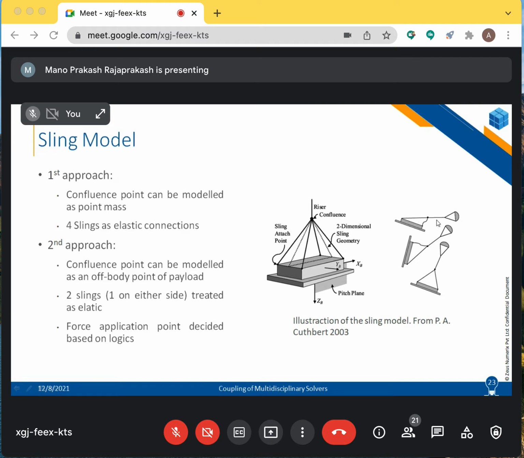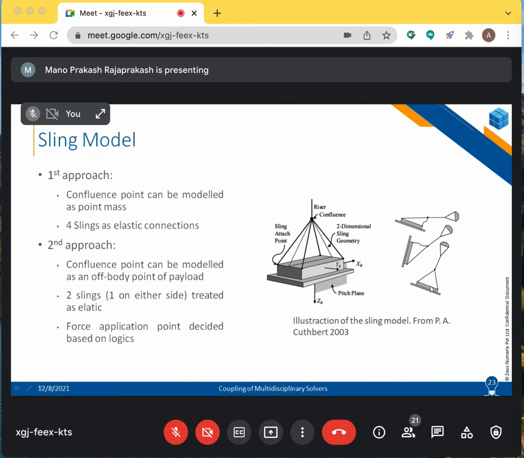Now, based on these, there are certain logics that I can impose. When this line is in tension, I can just exert the force on this edge. When this edge is in tension in this scenario, I can just model force on this. And ultimately, when this point lies in the same plane as the CG, when it is equidistant, when the angles are the same, it makes the same angle with respect to the stoppage, then both are in tension.